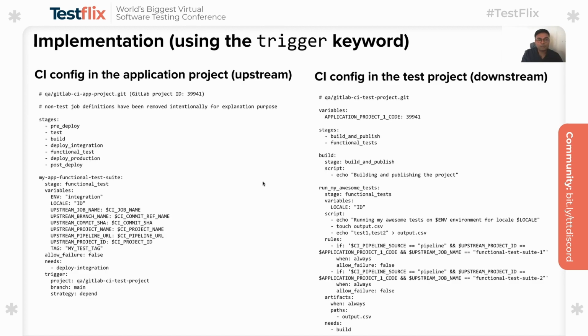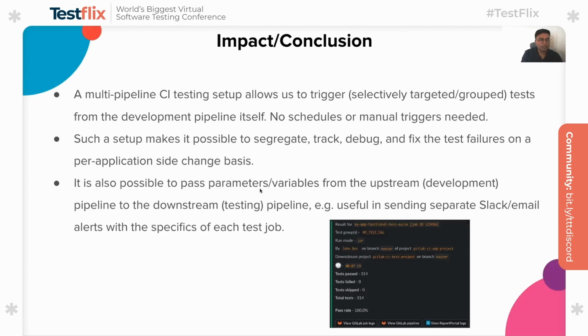So now let's try to understand how this makes an impact for us and how this addresses the problems that I talked about in the initial part of the slides, right? Such a multi-pipeline CI testing setup will allow us to use the trigger keyword and it will combine the testing pipeline with the development pipeline itself.